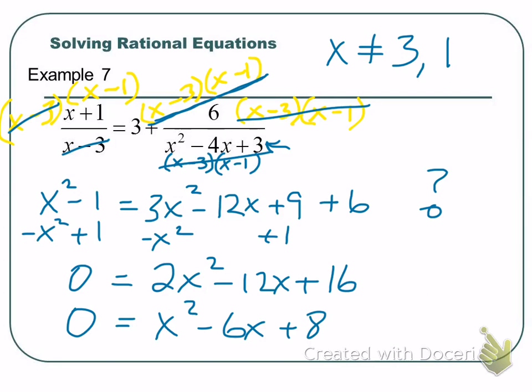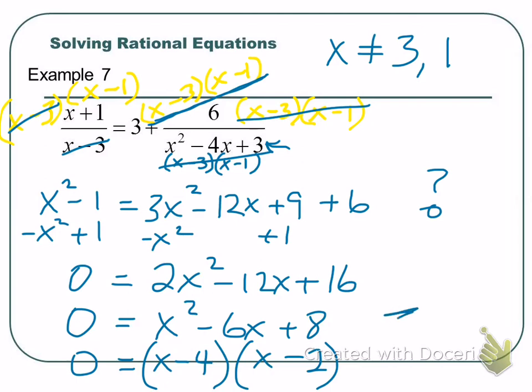And what's the factorization of x squared minus 6x plus 8? Anybody? Somebody? x minus 4, x minus 2.